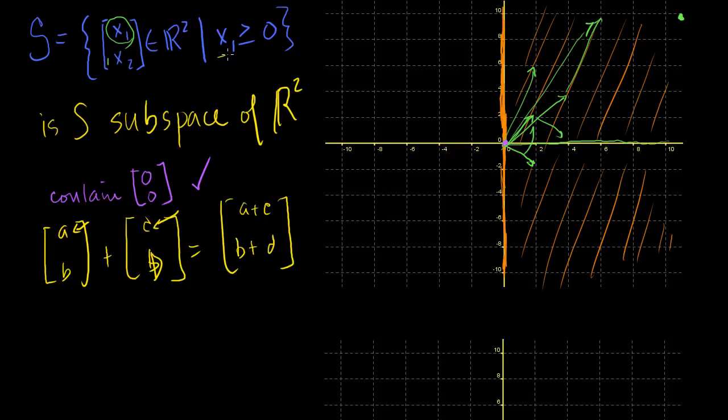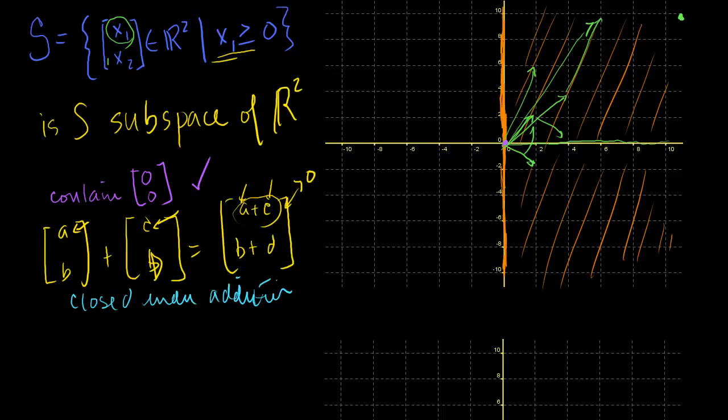That was my requirement for being in the set. And we don't care what B and D are; they can be anything. I didn't put any constraints on the second component of my vector. So it does seem like it is closed under addition.